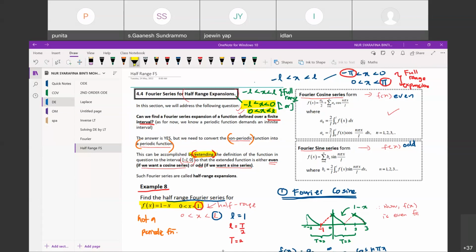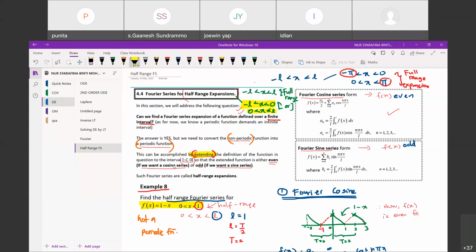How? For cosine, we extend to even. For sine, we extend to odd. How can we extend? Basically based on the graph. We extend the function on the graph so that it is symmetric about y, or it is symmetric about the origin. Once it is extended, only then you can obtain your value of L and T.